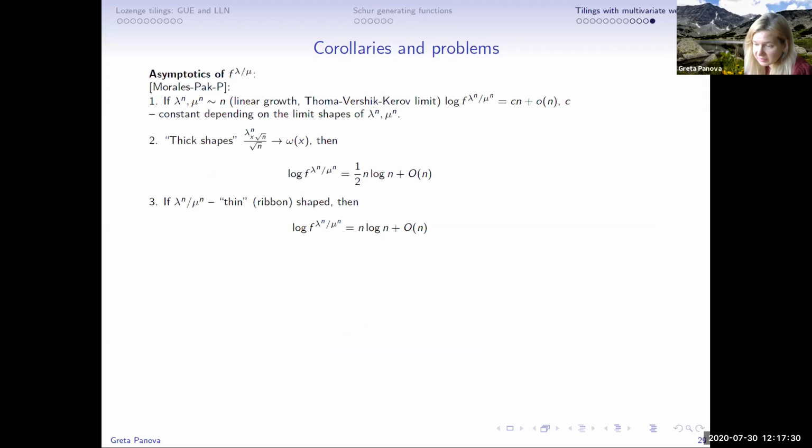And just to say one word about applications, we can use this Naruse hook length formula and lozenge tilings in reverse, in the sense that we can get some information about the asymptotics for the number of standard Young tableaux of skew shape. And so you can get at least some leading term asymptotics in various domains.